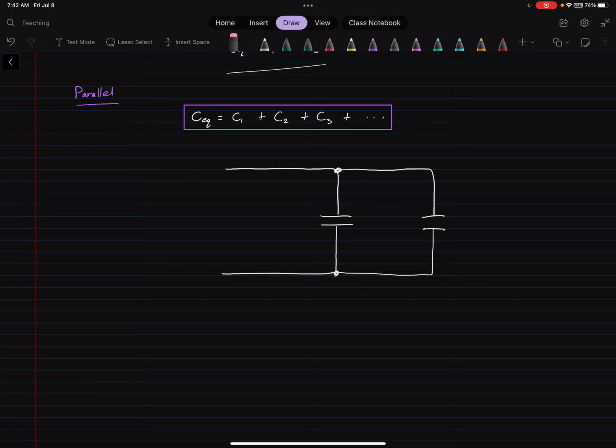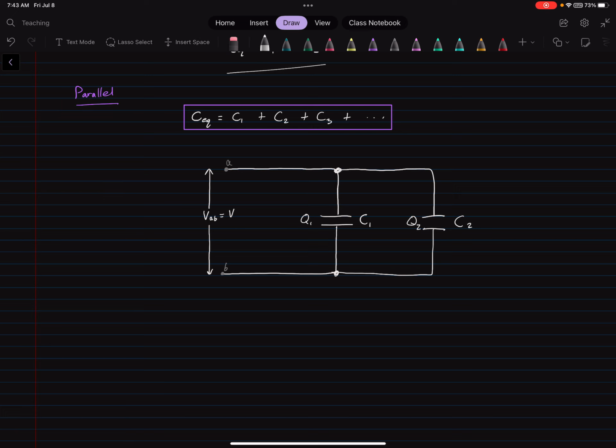We'll call this C1 and this C2. We'll call this Q1 on capacitor 1 and charge Q2 on capacitor 2. We'll give these an A and a B designation. And what we want to find is this total VAB potential difference that's accounted for by both of them.